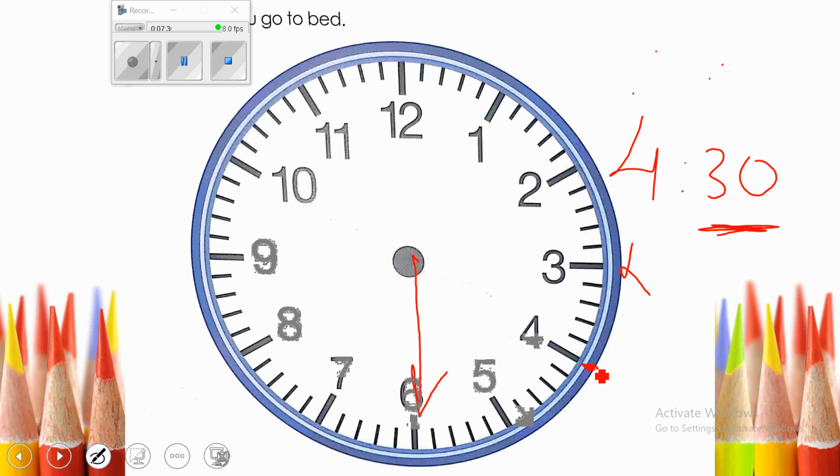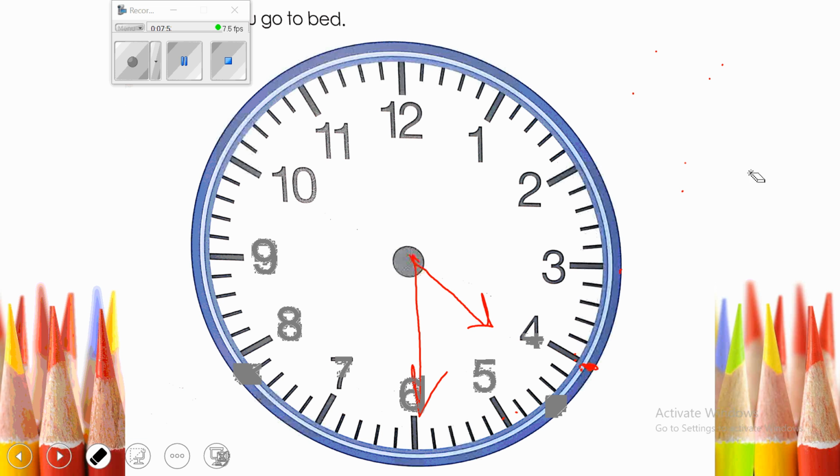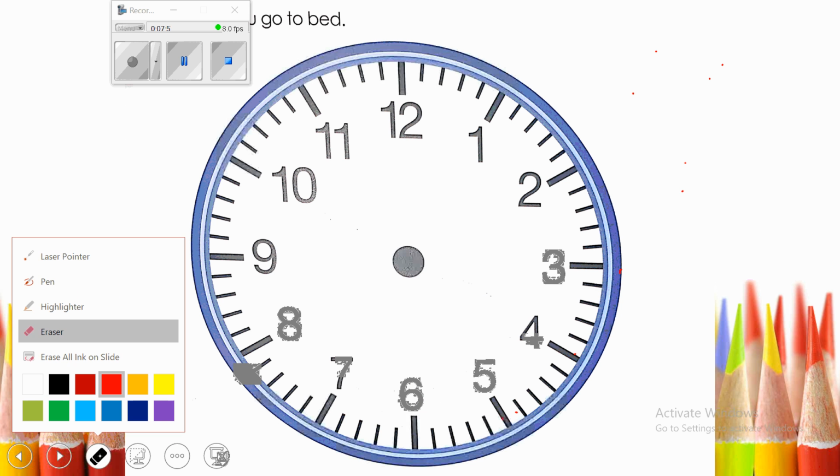Teacher told me that the hour hand is moving, but it's so slow. So when it's half past, the hour hand is in between 4 and 5. It's not exactly on 4, it's between 4 and 5. Let's try another one. You can make it easy when you practice more and more.